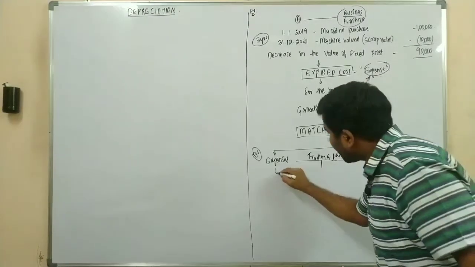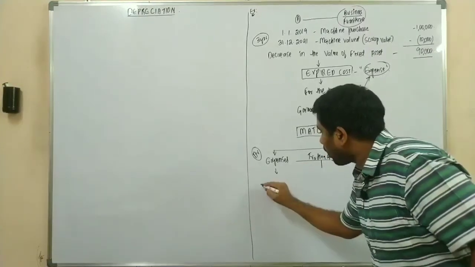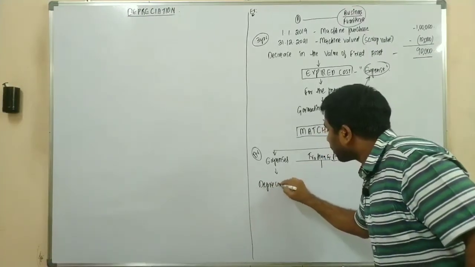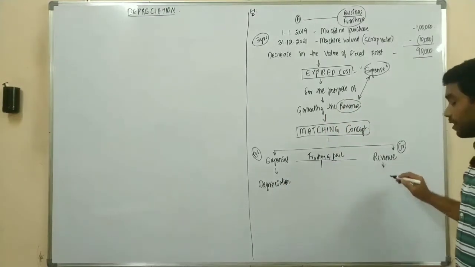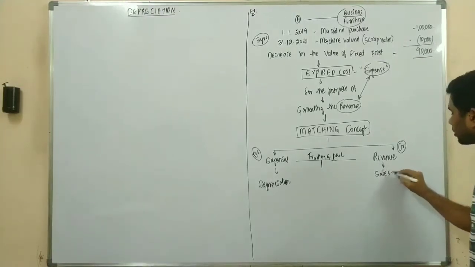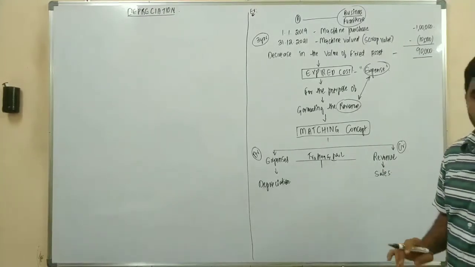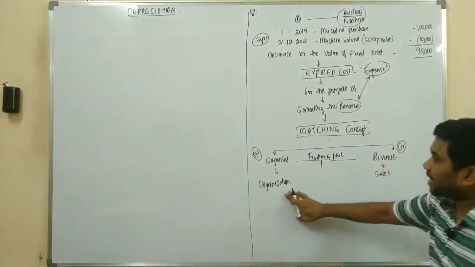In our example, the expense is the depreciation, and the revenue could be the sale of the furniture.